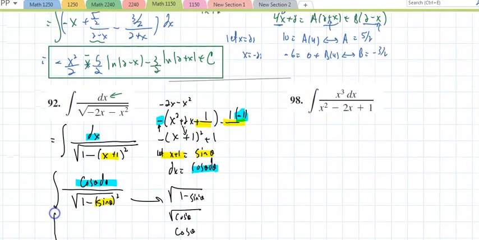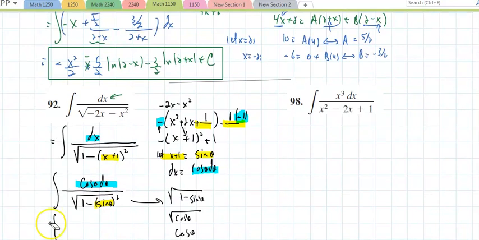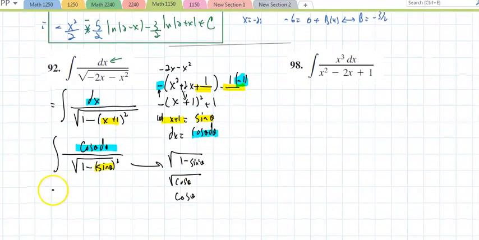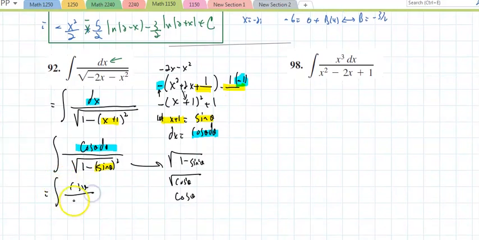So this says it's going to be the integral of cosine of theta over cosine of theta d theta. Those cancel out. Wouldn't that simply be theta plus C?